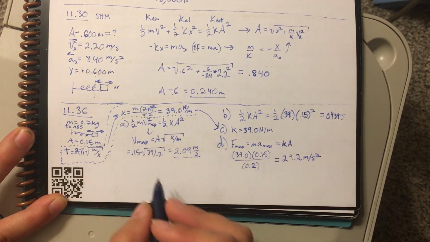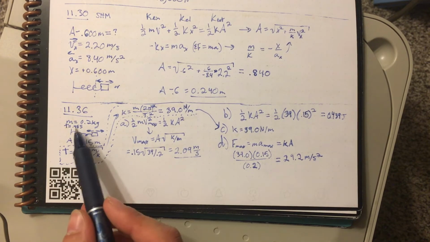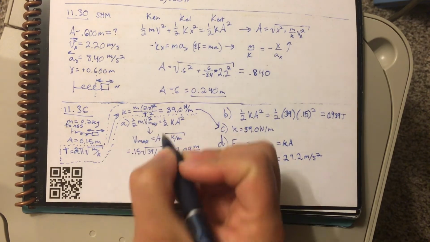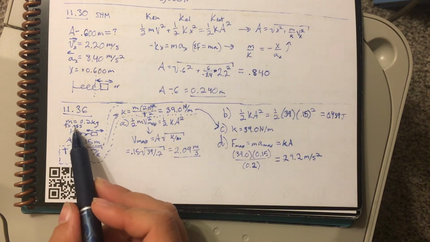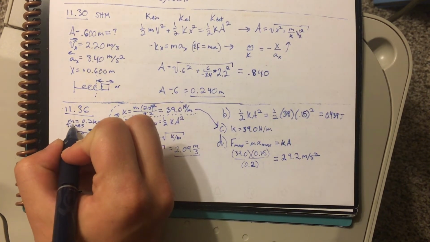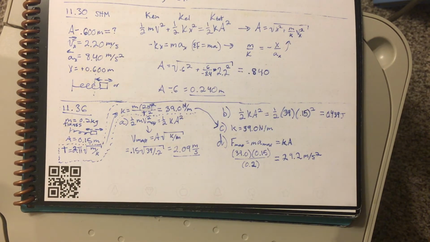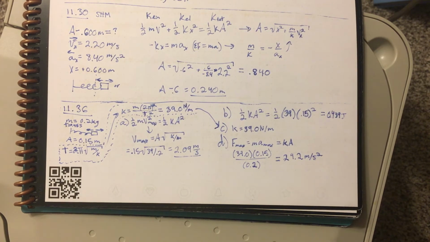Okay, here it is. T equals 0.45 seconds, and an amplitude of 0.15 meters. Find A, the velocity when it passes the equilibrium point.